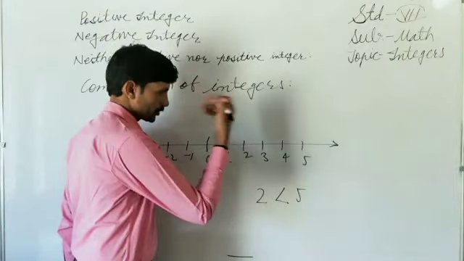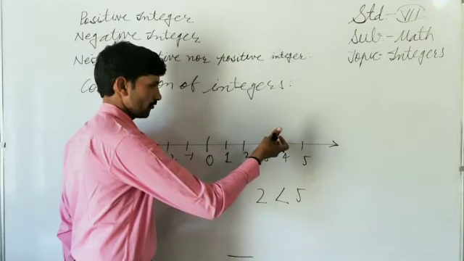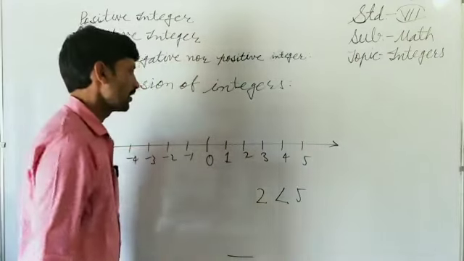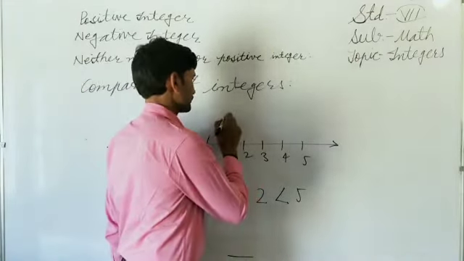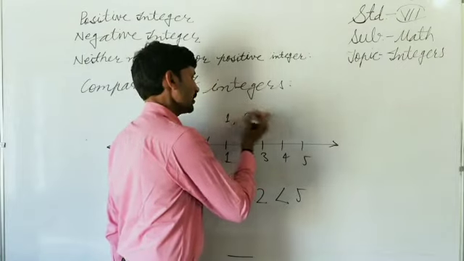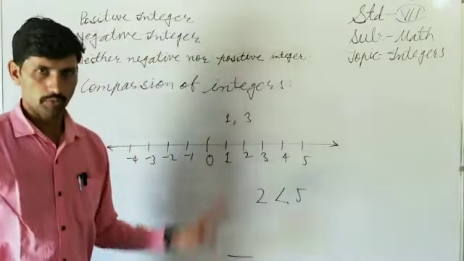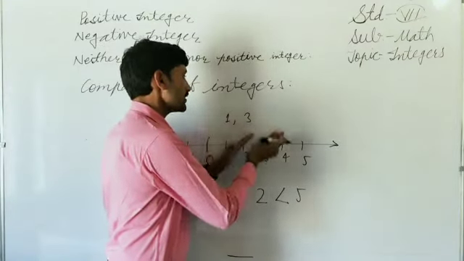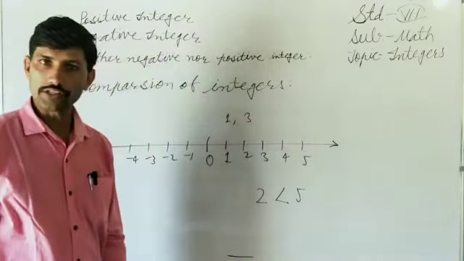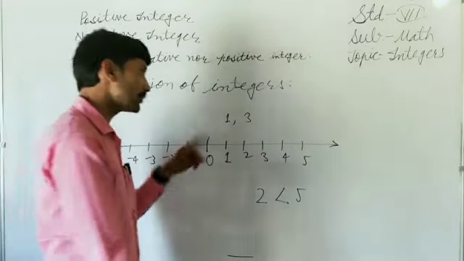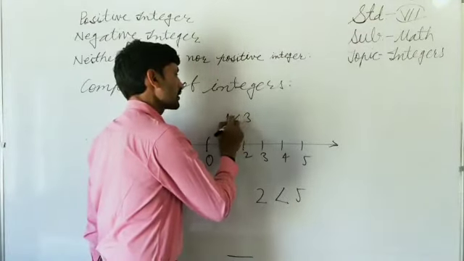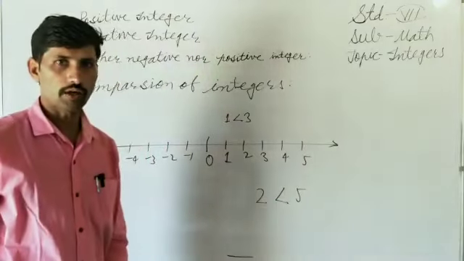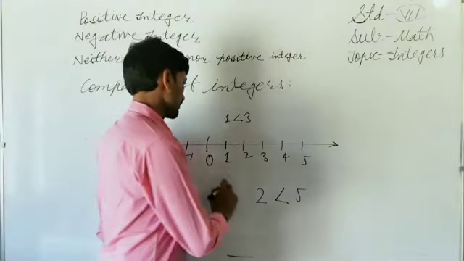If we take two positive integers, let us take 1 and 3, on the number line 3 is to the right side of 1, and we know 1 is smaller than 3, or 3 is greater than 1. Similarly, you can think of 2 and 5.